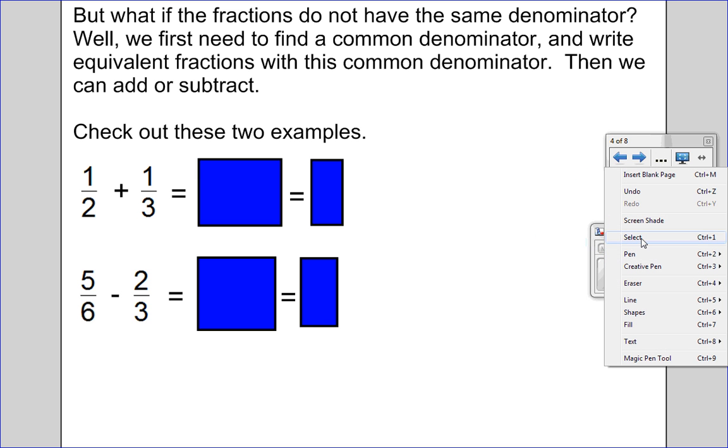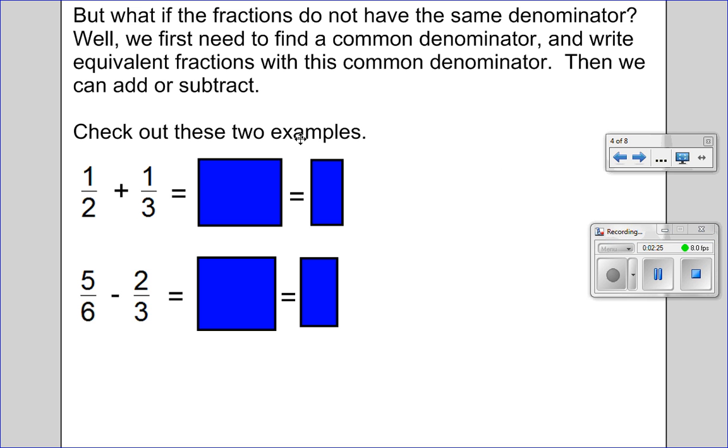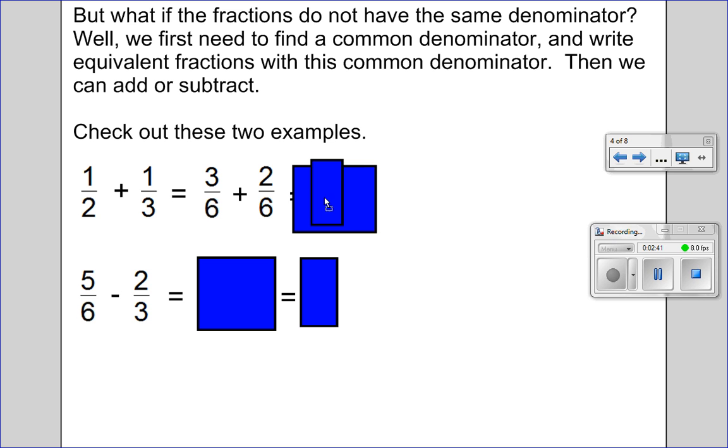And working with that, that means that I'm also going to have to change the numerators as I'm making equivalent fractions with a denominator of 6. So 1/2 becomes 3/6. 1/3 becomes 2/6.